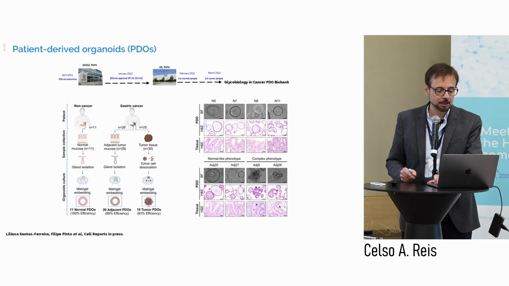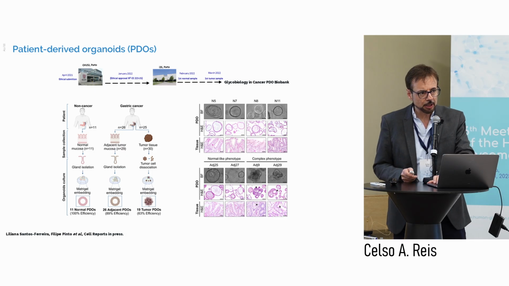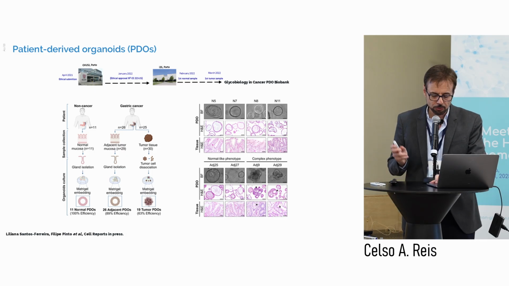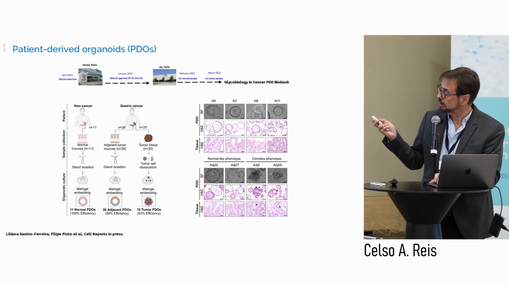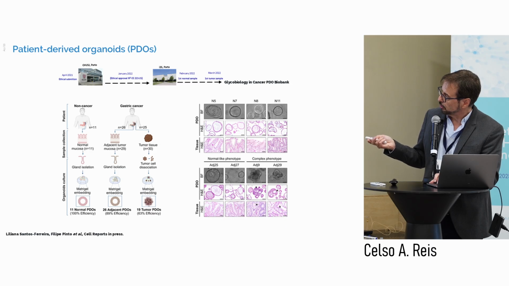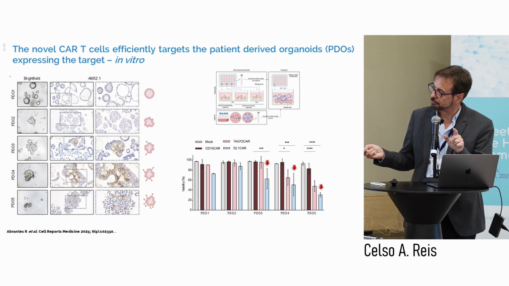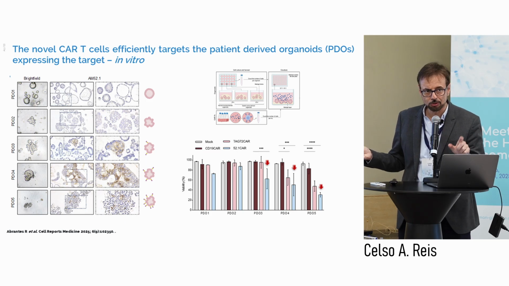And finally, we used a patient-derived biobank of cancer patients from gastric cancer, in which we have the patient-derived organoids from these patients, and studied the CAR T's reactivity and effectiveness against organoids with different levels of expression of the target, and different histological subtypes of the tumors.